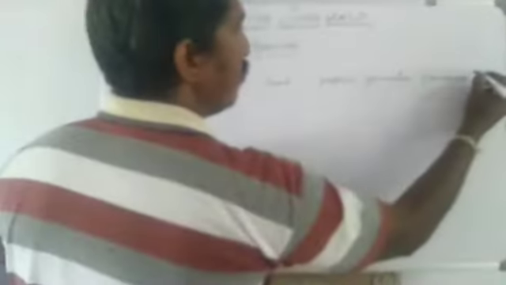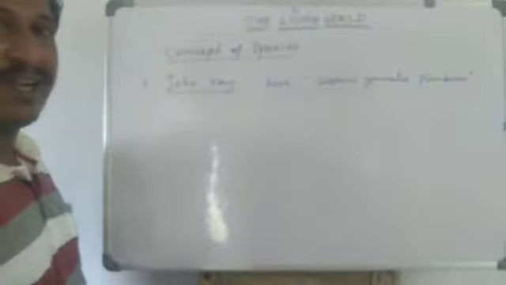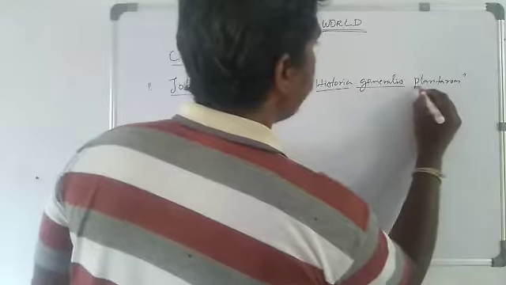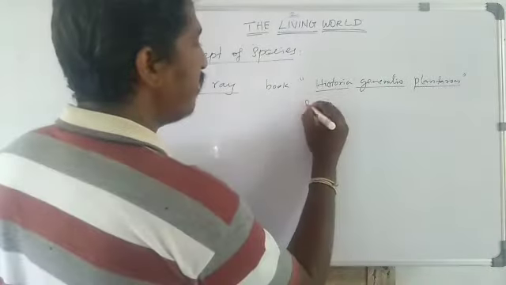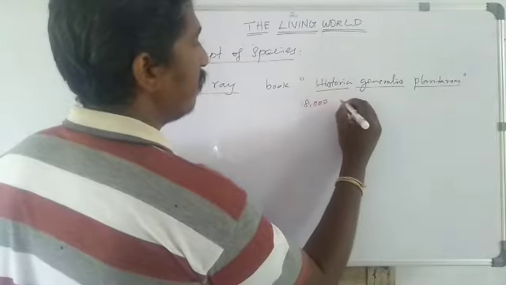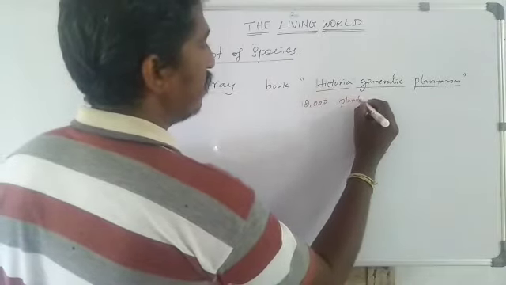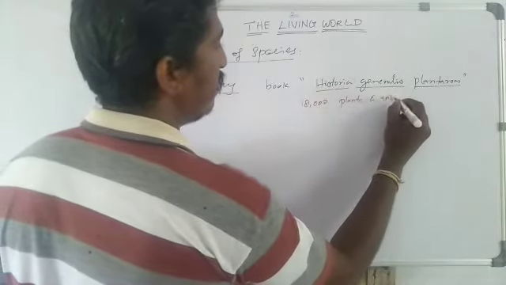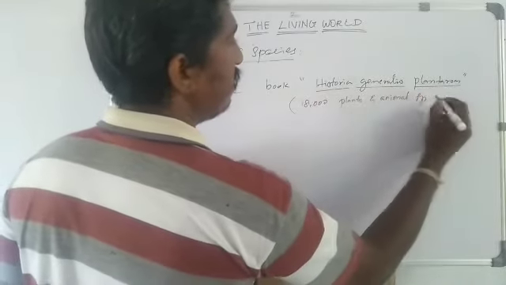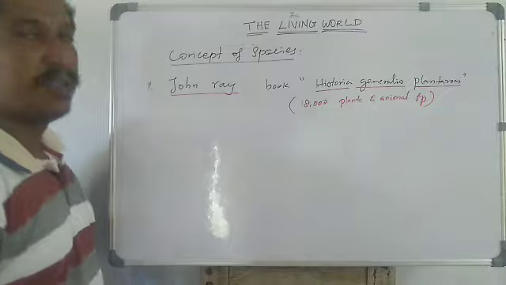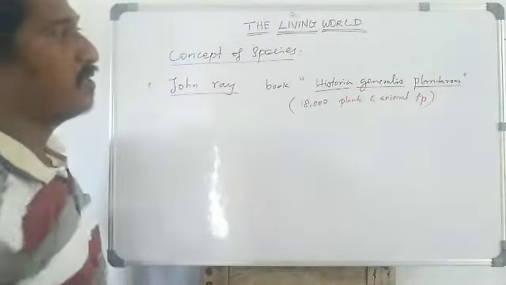In that book he mentioned many scientific names, nearly 18,000 plant and animal species names. He published them in the book Historia Generalis Plantarum.